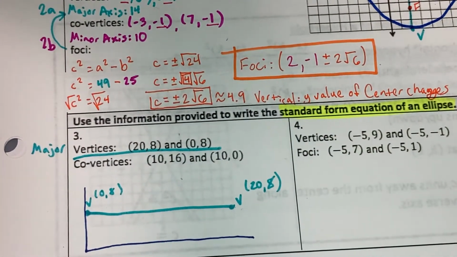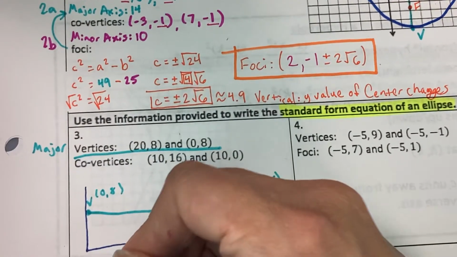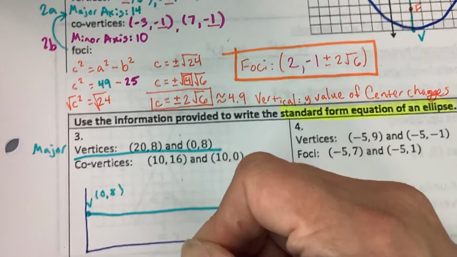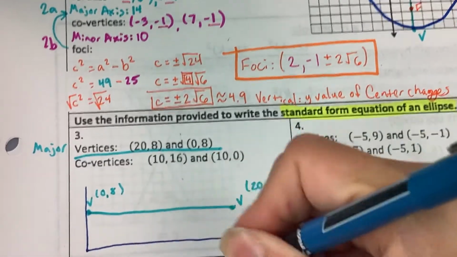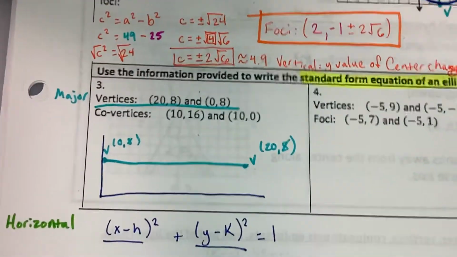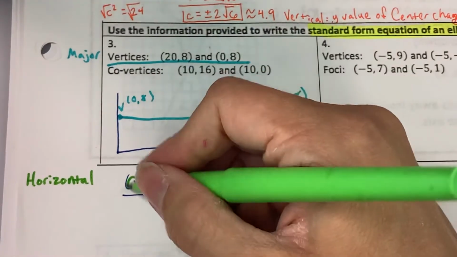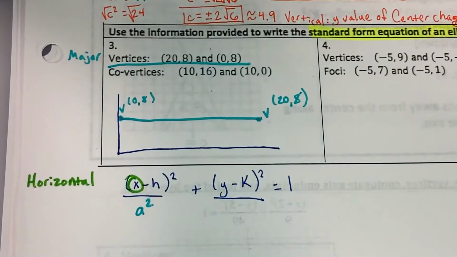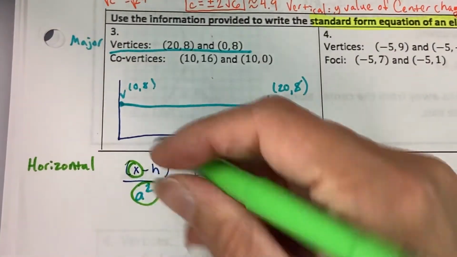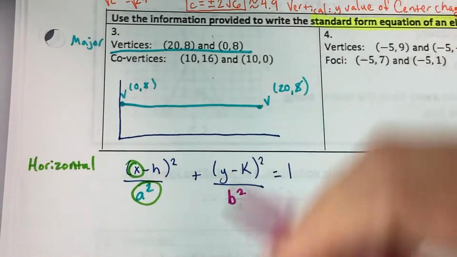And this is useful to us because we know in our equation, we'll have x minus h squared plus y minus k squared equals 1. And since it's horizontal, a squared is going to go underneath our x term. So a squared on the bottom. And that means b squared will be over here.